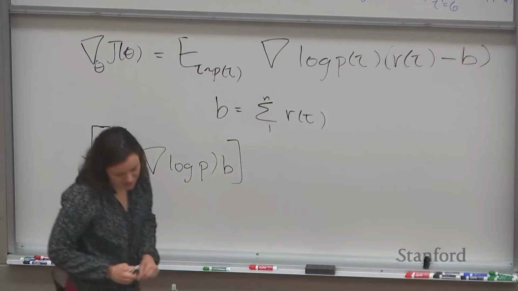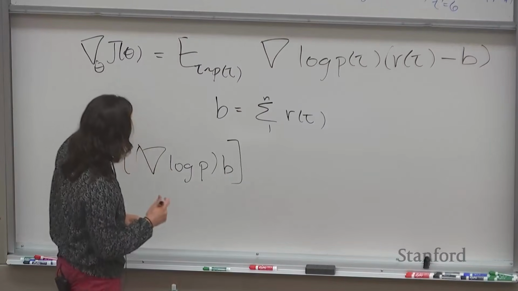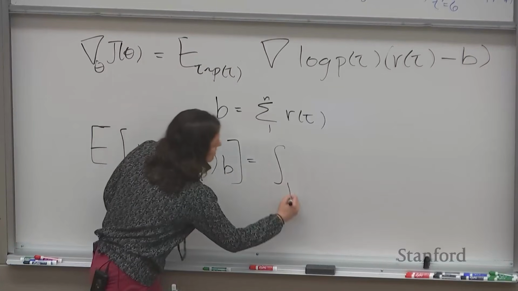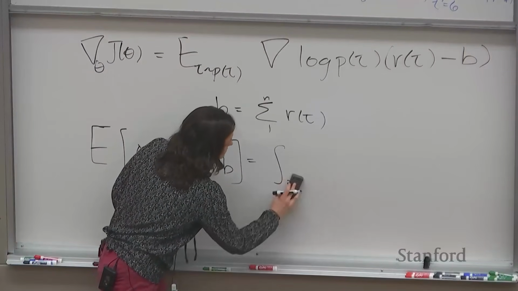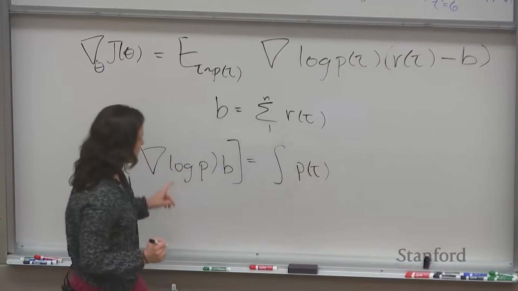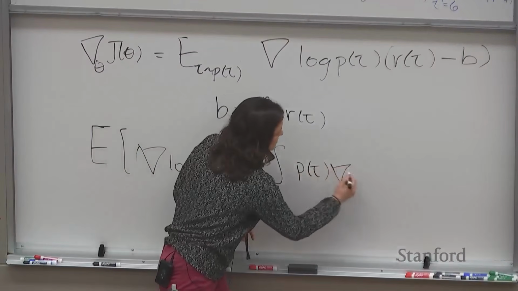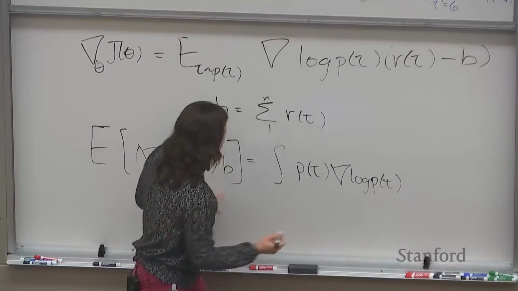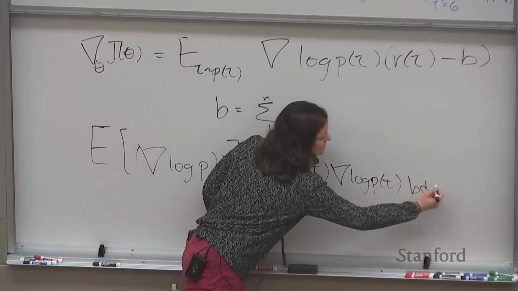If we write this out, the expectation is the integral of P of tau times grad log P of tau times B, d tau.